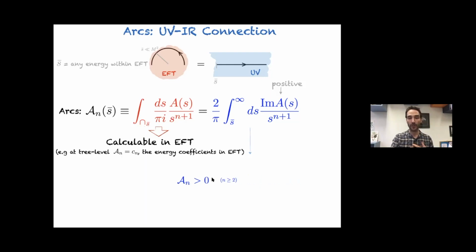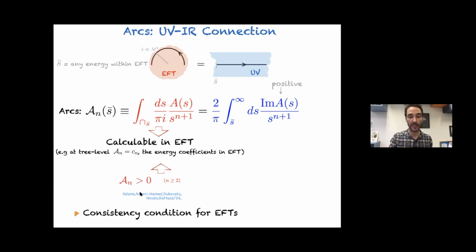Now, the UV condition, because of this equality, can be imported into the infrared and becomes a consistency condition for the effective field theory. The fact that arcs are positive, or whatever other object you wanted to define in the infrared, was already pointed out in this beautiful paper some 15 years ago.